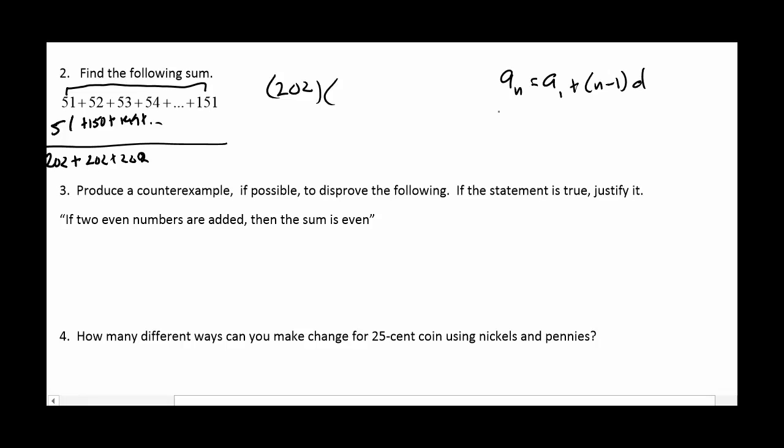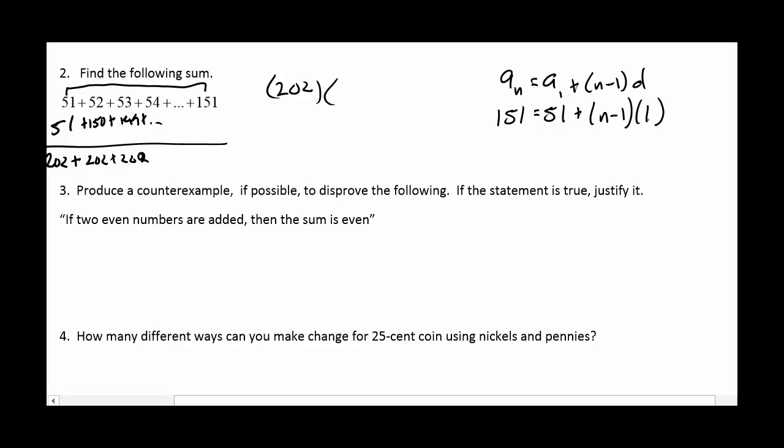So in this case, the nth position is 151. My first position is 51. I don't know n, so I'm going to solve for that. And the only thing I'm missing is my common difference. Well, let me go back to my numbers. If I start at 51 and go to 52 and 52 to 53, what am I adding each time? And hopefully you're catching on that you're adding 1.